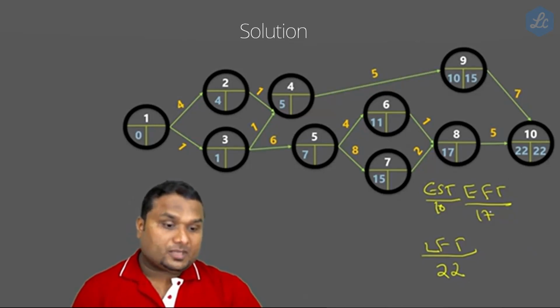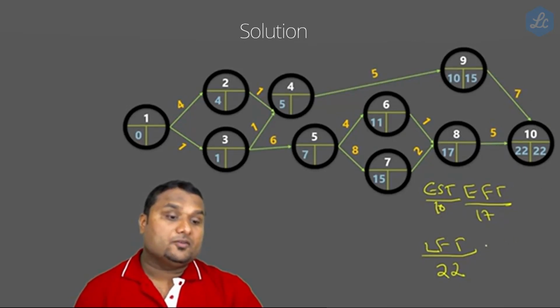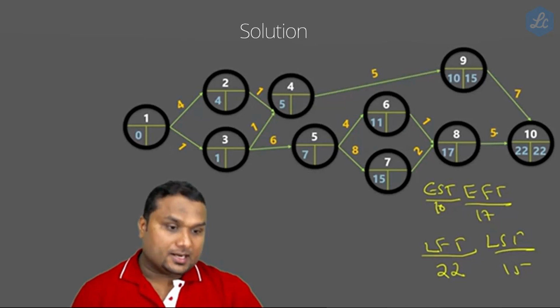Now the latest finishing time is the 22nd, and it is a 7-day process. So 22 minus 7 is 15. So the latest starting time is 15. In between there is 10.